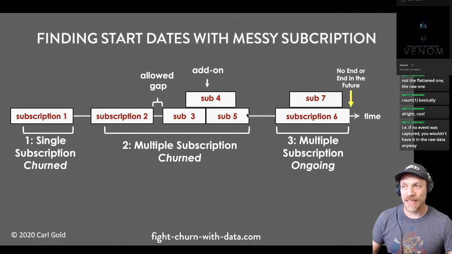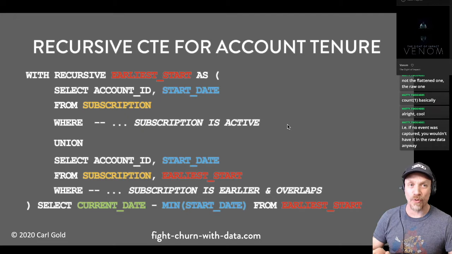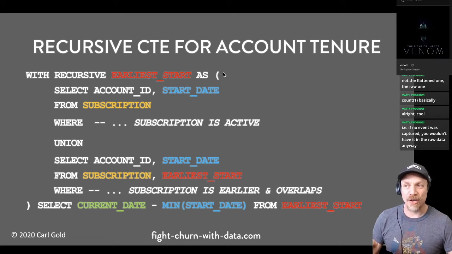So let's see. I think we're ready to look at the next SQL. Yeah, so this was what we did in the last stream. This is a review for anyone who watched it. This is an example of a recursive common table expression for account tenure. The common table expression is the SQL in between the parentheses.